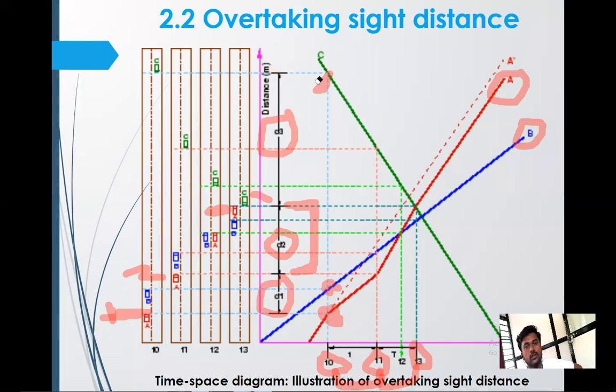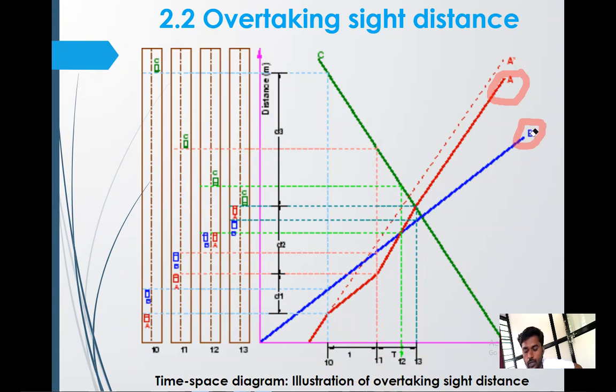Okay, I will repeat once again. This is somewhat confusing part. See, initially when vehicle A decides to go for overtaking vehicle B, that time period is t0, that is the initial time.